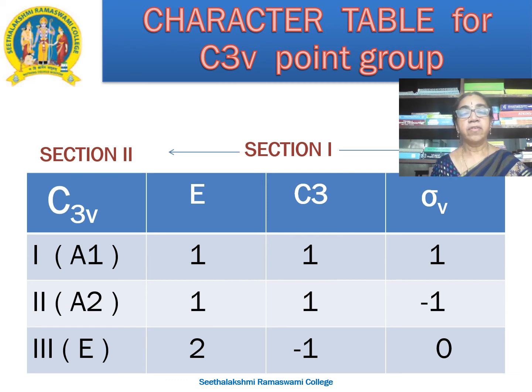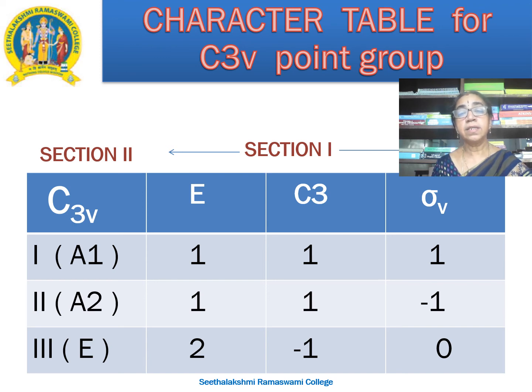Since the first IR is one-dimensional, the Mulliken symbol A is given, and since it is positive, that is symmetric with respect to sigma V, the subscript 1 is given. For the second one-dimensional IR, again the characters are 1, so again the Mulliken symbol A is given.